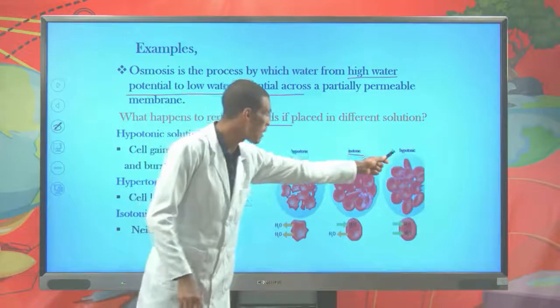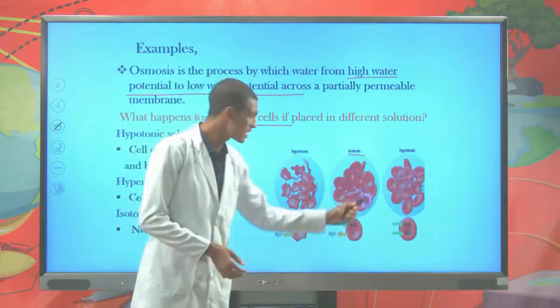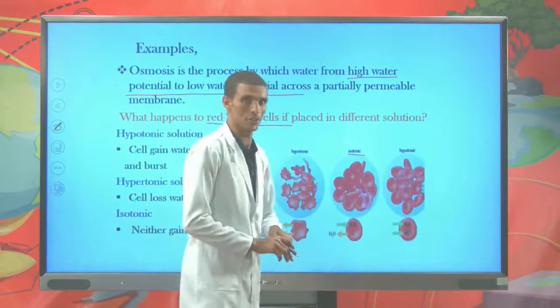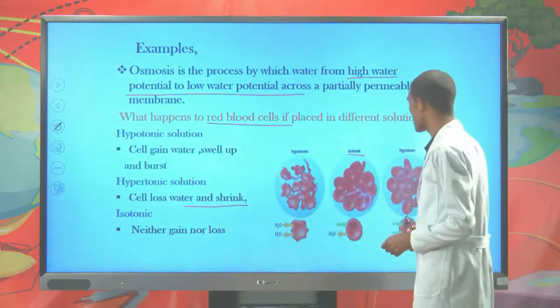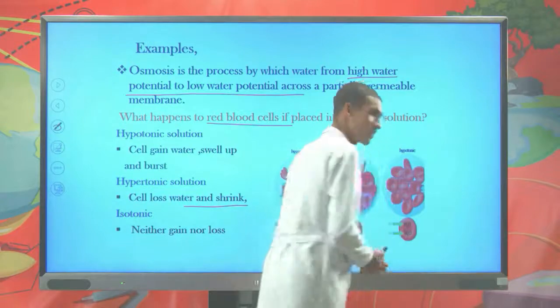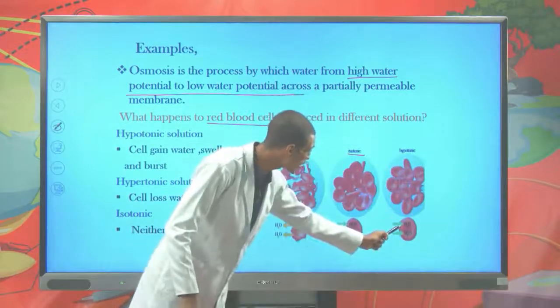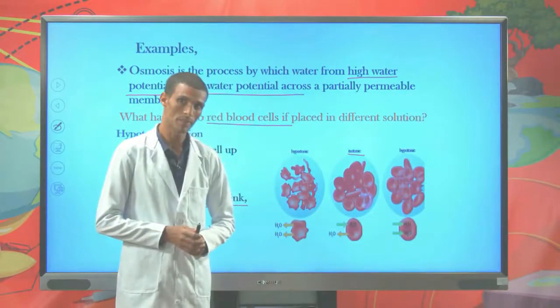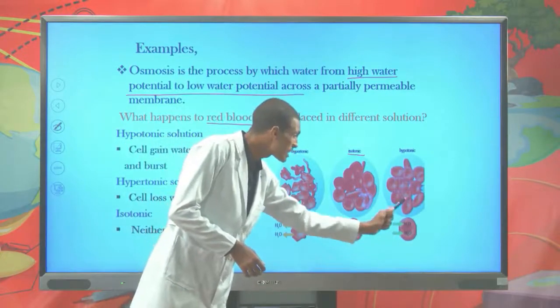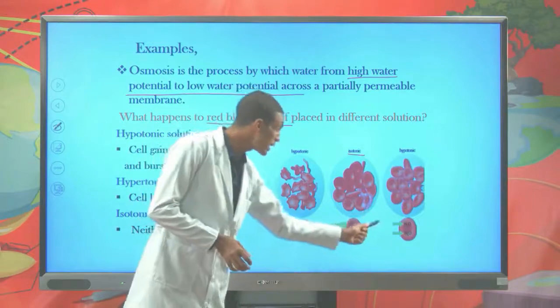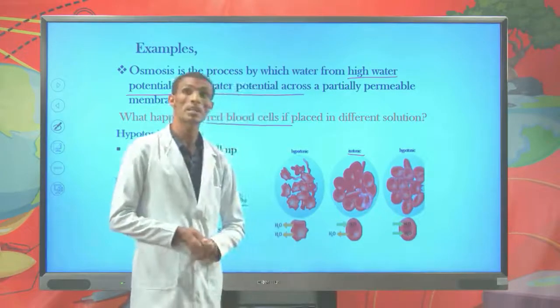But under hypotonic conditions, if we place a cell in a hypotonic solution, the water that is found in the environment is greater than the water that is found in the cell. As a result, water prefers to enter the cell. Students, obviously, an animal cell lacks a cell wall. When water enters the cell, there is turgor pressure.